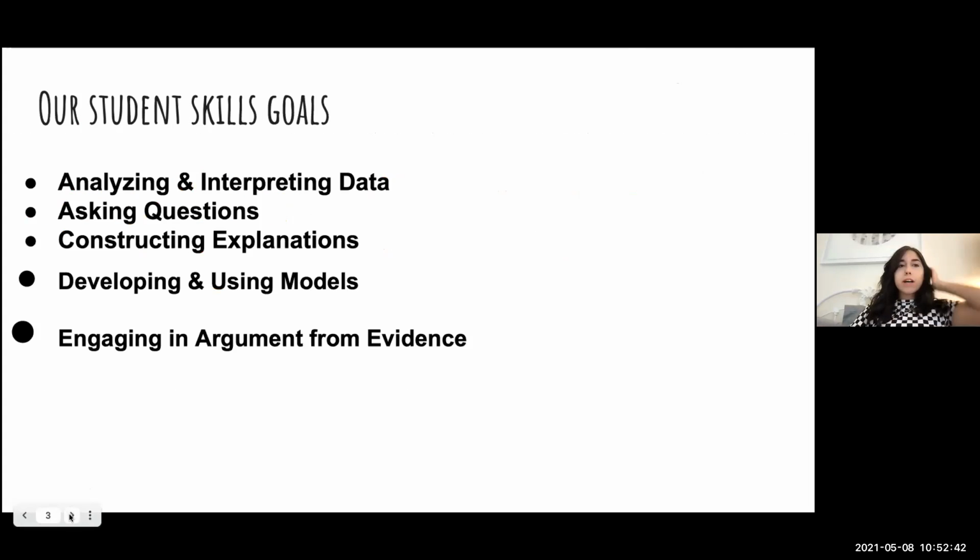So I also have some student skills goals that we wanted from this lesson. Analyzing and interpreting data, whether that's from graphs or just images or things that they collect, asking questions, constructing explanations, developing and using models, and engaging in argument from evidence.